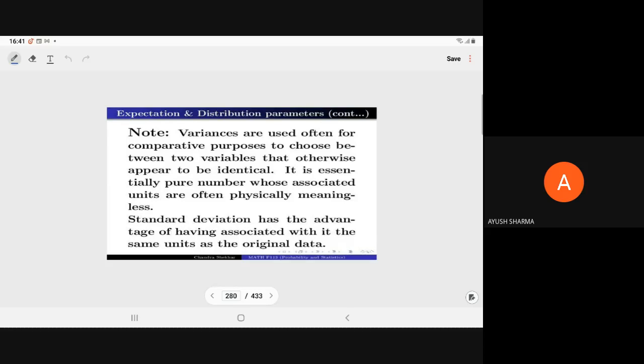So just by seeing the variability, we can differentiate between them. So for that purpose, we use the variance. It is essentially a pure number whose associated units are often physically meaningless. But standard deviation has the advantage of having the same unit as the original data. Means if original data is in centimeters, then standard deviation is also in centimeters.